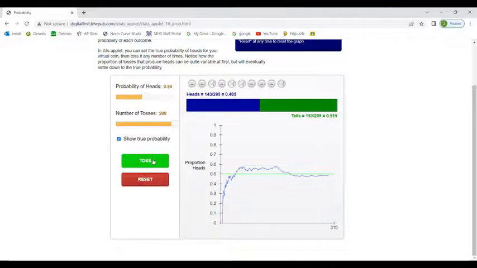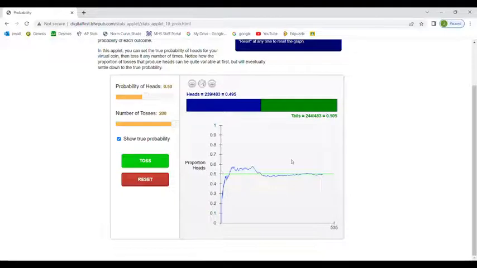I'm going to do another 200. And you can see now it's getting even closer to that 50% mark. 0.495, so 49.5% of the tosses were heads.